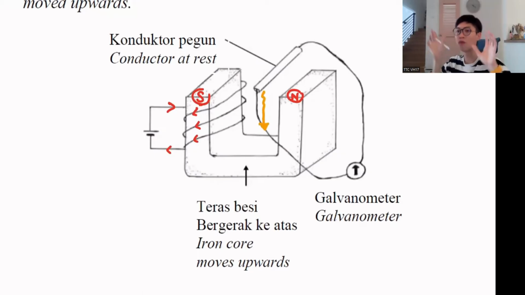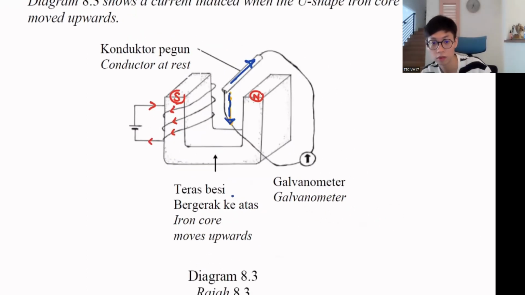So now if you use your right hand Fleming rule, you will realize that the current will move in this direction. So this is where my wire is moved, because when your iron core moves up, your wire goes down. Imagine a bit. If you're watching this video, you pause and imagine first. So you take your right hand Fleming rule.